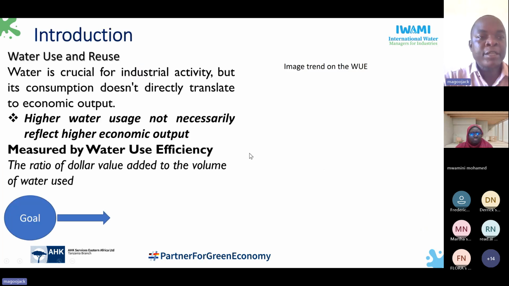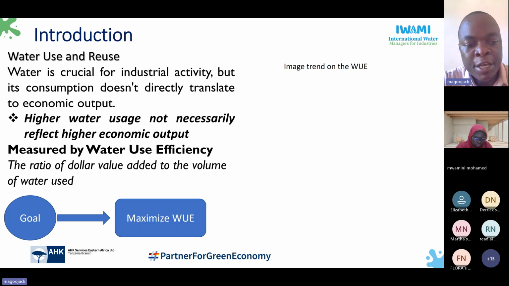So to start, we know that water has various uses in an industrial setup, but in most cases higher water usage does not necessarily reflect higher economic output. The high economic output for any industry always depends on the kind of activities or the kind of product expected from that industry. Water use can be quantified by what we call water use efficiency, which is the ratio of the dollar value added to the volume of water used.